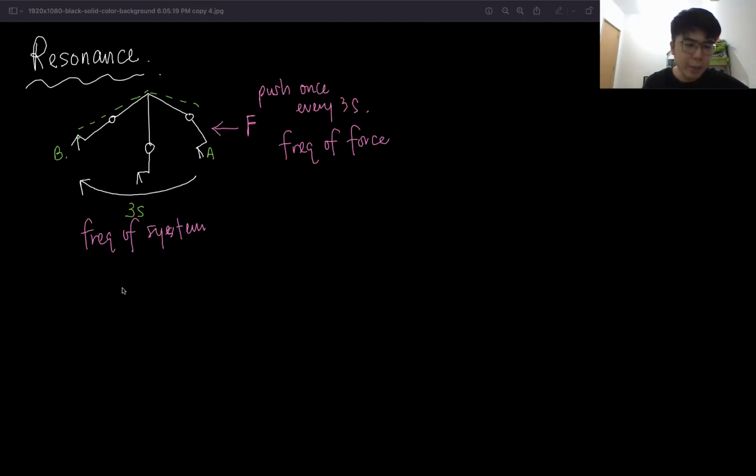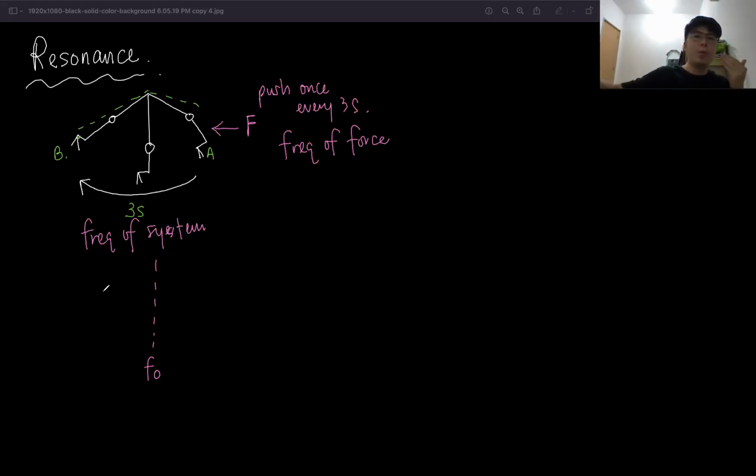Now let's say this is the natural frequency. The closer you get to the natural frequency, I'm talking about the frequency of the force, if it's very close to the natural frequency, then there is resonance and the amplitude will increase. The closer you get to the natural frequency, the higher the amplitude.